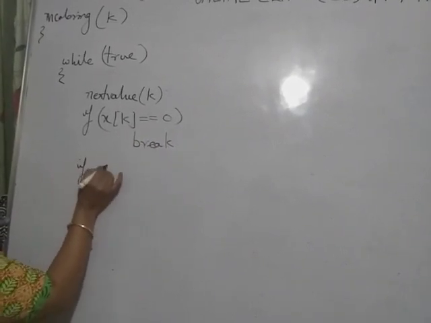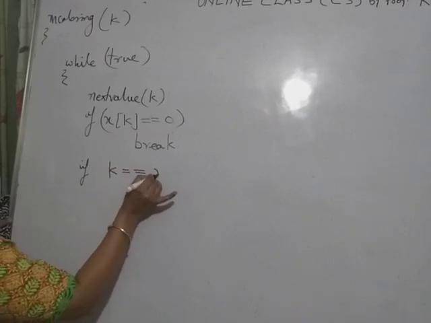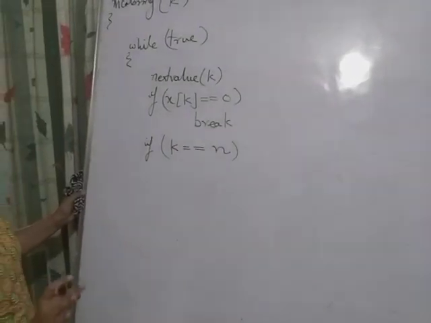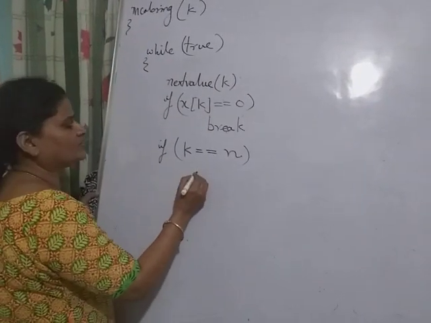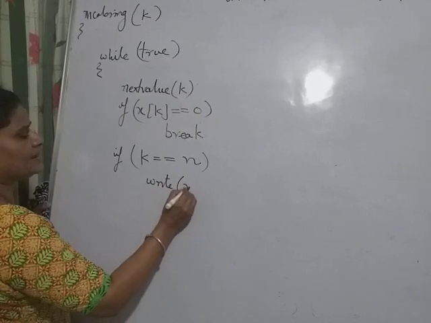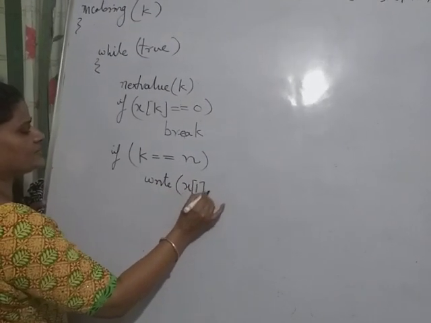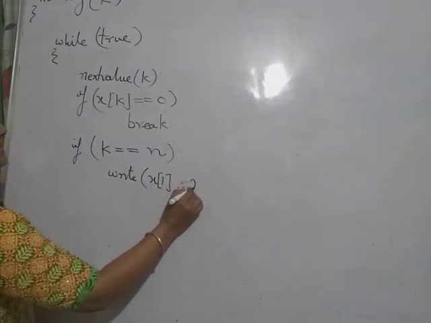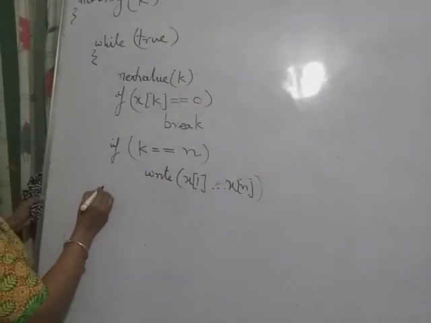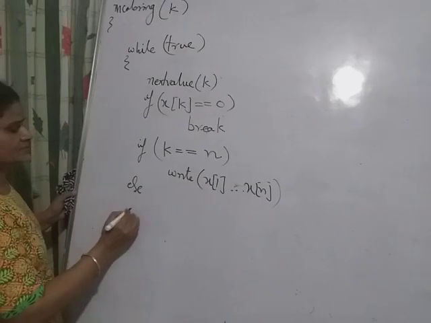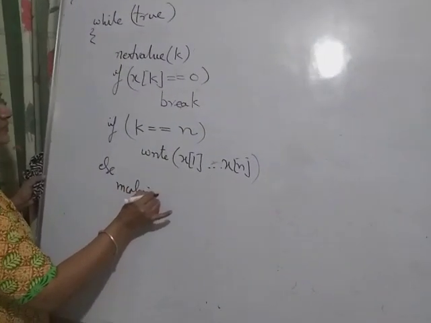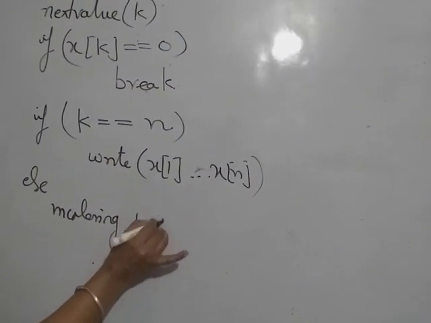If k equal to n, it means the color for all the vertices have been decided. Now it will print one solution, write x1 so on xn, else m coloring k plus 1.